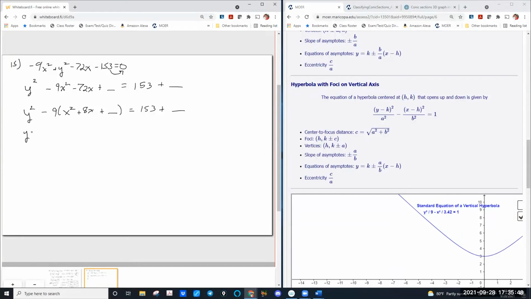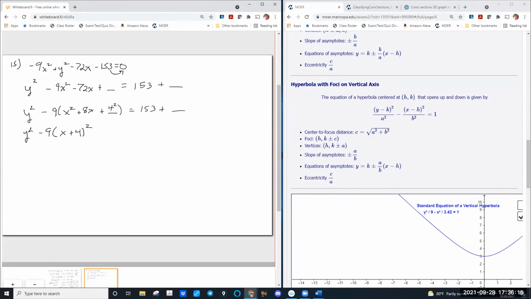Now this next step should look just like what we did last time. The y squared minus 9 times x, what number goes here? Well, we have plus 8x here. Divide that coefficient by 2, so plus 4 squared. What number goes here? 4 squared. For notes purposes, I'll put 4 squared there. Okay, now we backfill. So what goes here?